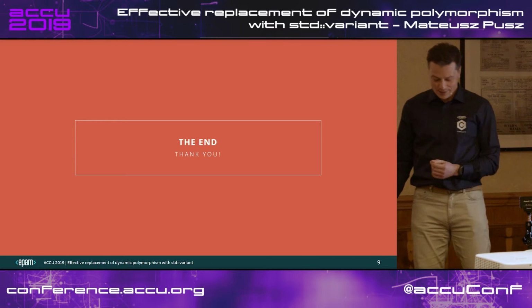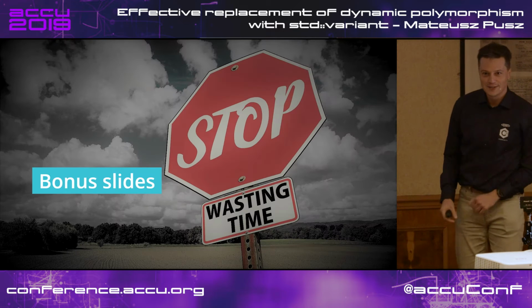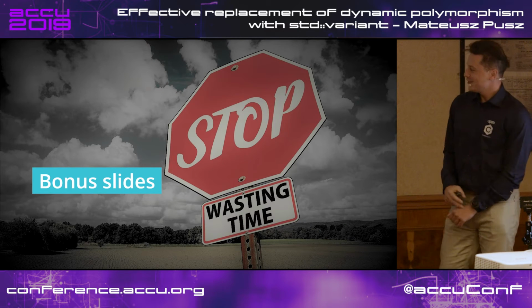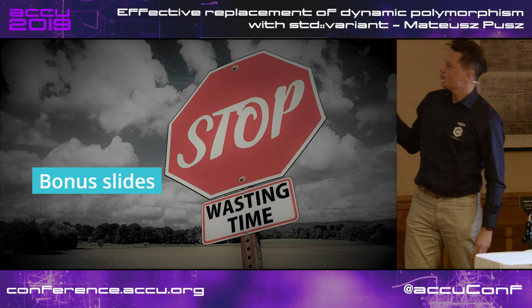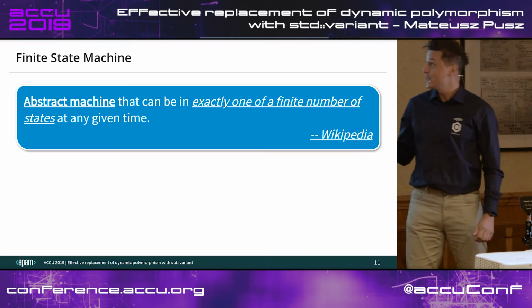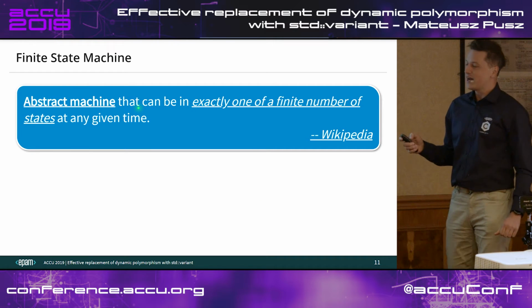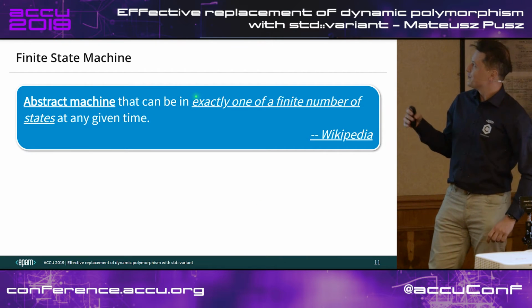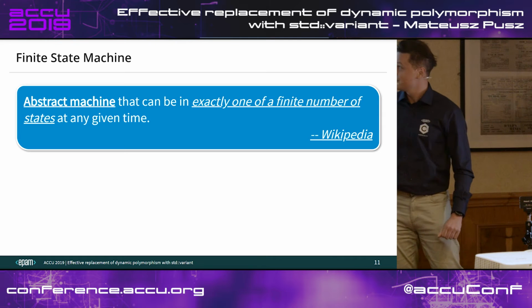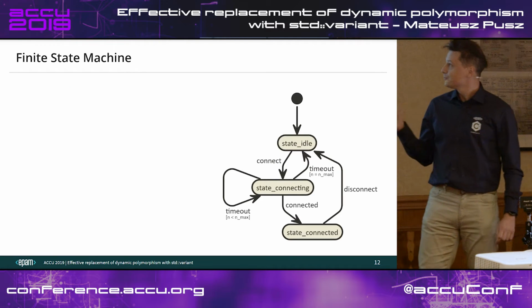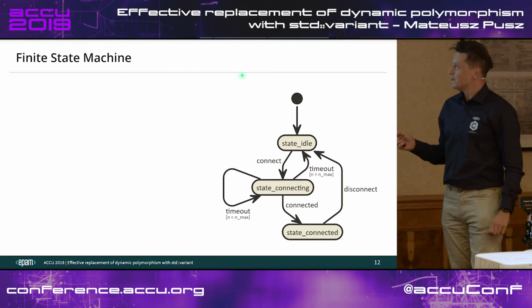But as we have some more time, I have some bonus slides. So let's look at how it works in some examples. The example for today will be a finite state machine. A finite state machine is an abstract machine that can be in either of a finite number of states at any given point of time. This is the finite state machine we'll be implementing today.